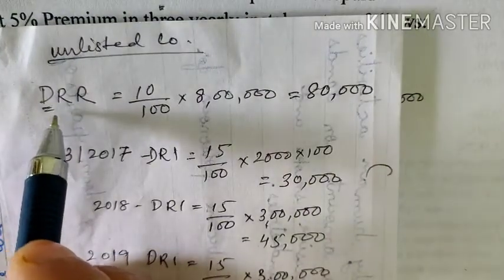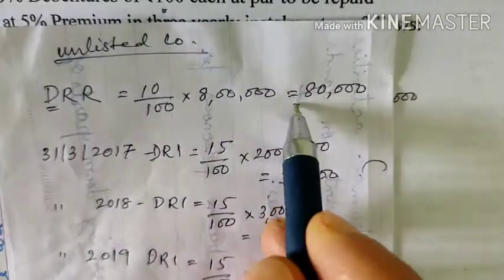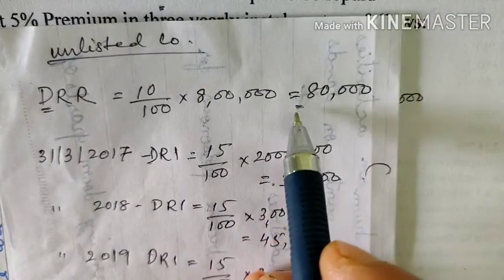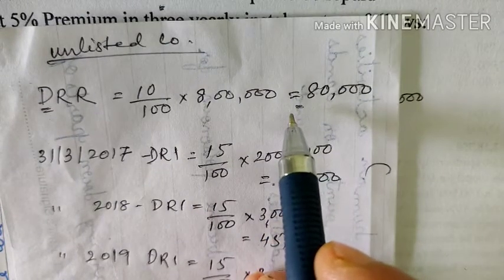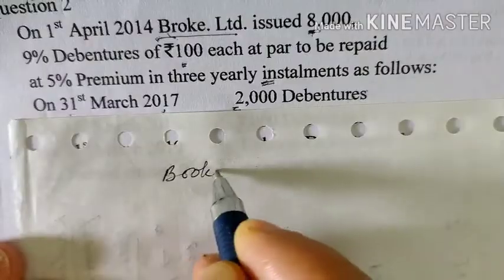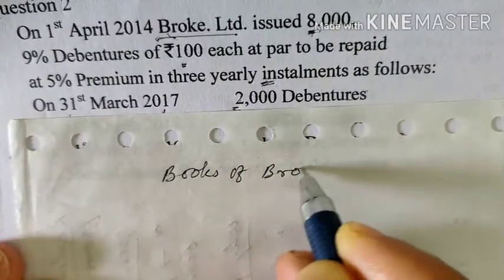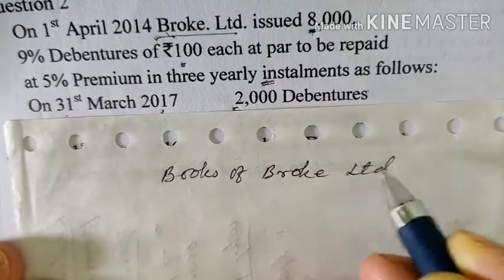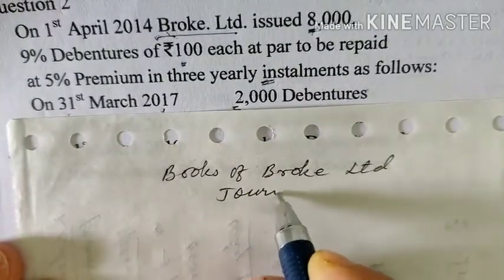DRR has to be calculated only once, because this is created before the redemption takes place, right? So now journal, books of Brock Limited, and we are going to write the journals.